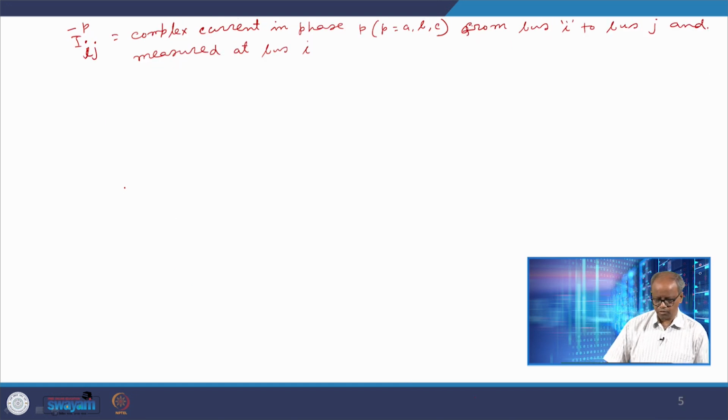So then what would be the expression of I IJ P? I IJ P would be, of course, Y shunt, this is the matrix, into Vi ABC, plus Y series matrix into Vi ABC minus Vj ABC.